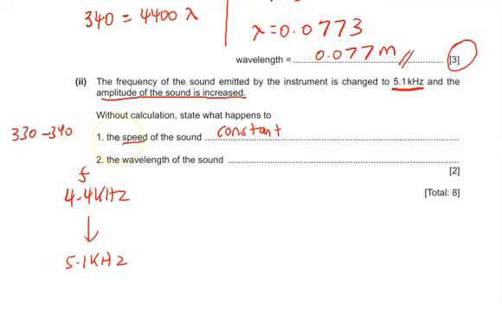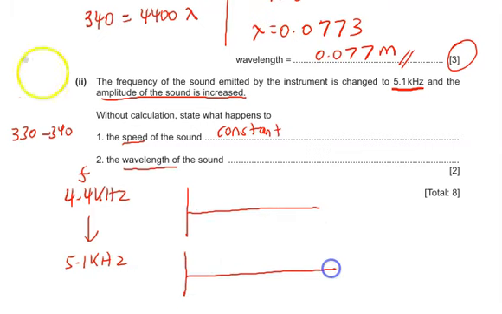If in water, it will go about 1500. If in solid, it will go about 3 to 5000 is the speed. Now when you're looking at the wavelength, there's a simple concept over here. Let me draw a few graphs here.